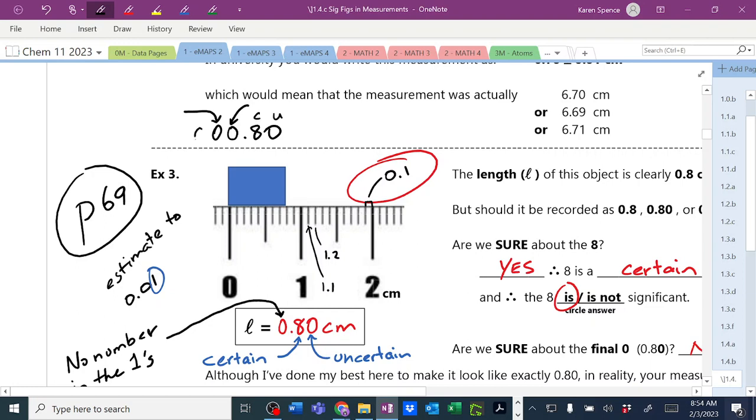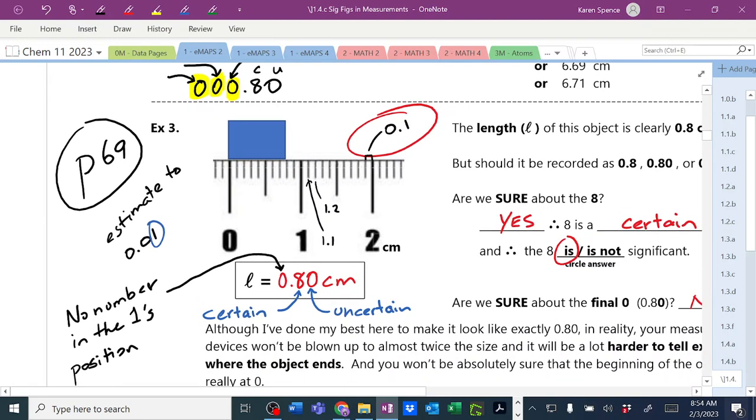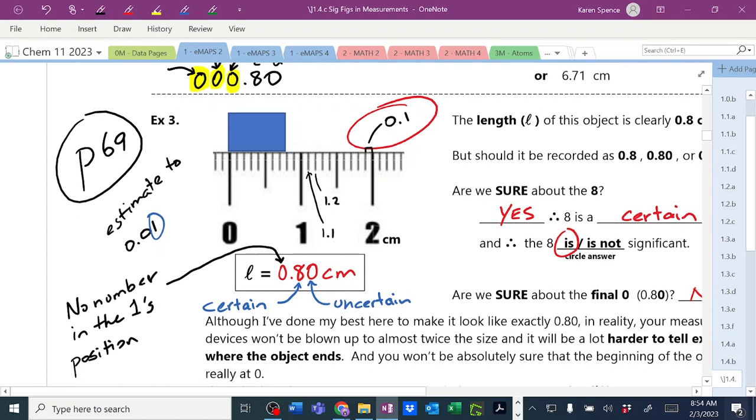I could have also written 000.80, which would mean I have no hundreds, I have no tens, I have no ones. And so those digits at the beginning are really actually meaningless because I could carry on writing them to the left forever.